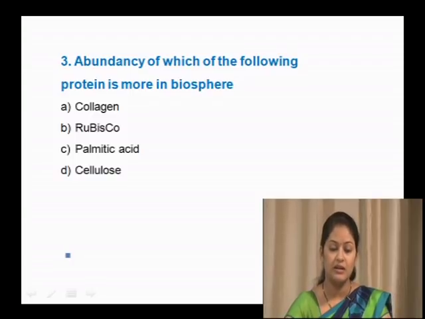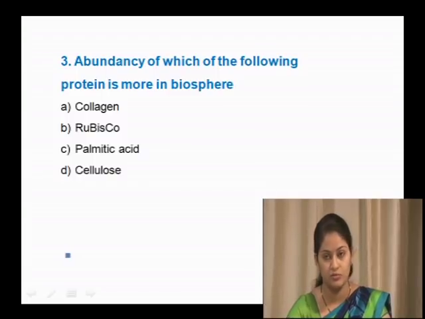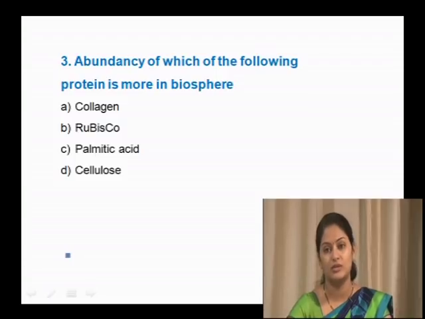The answer for this question is B, that is rubisco. Rubisco is an enzyme, therefore a protein, which helps in the fixation of carbon dioxide during the process of photosynthesis. So this is the protein which has large abundance in the biosphere compared to all other proteins.